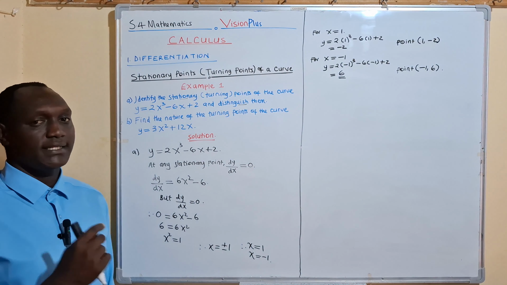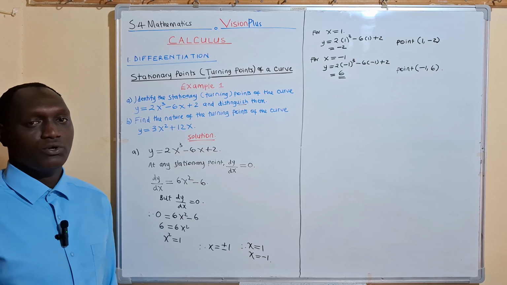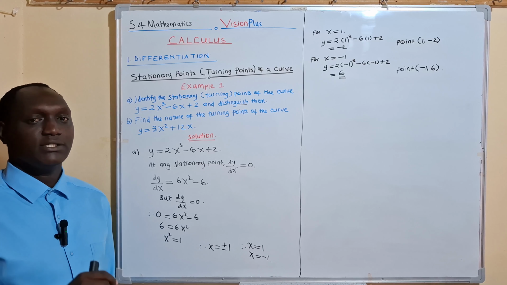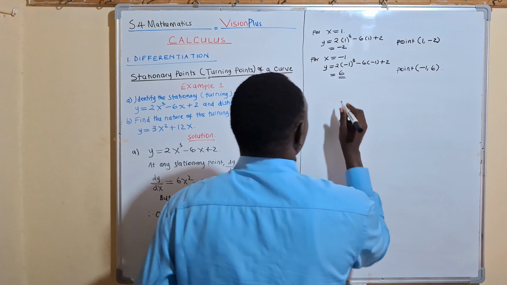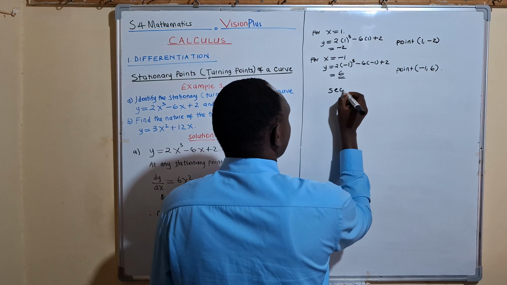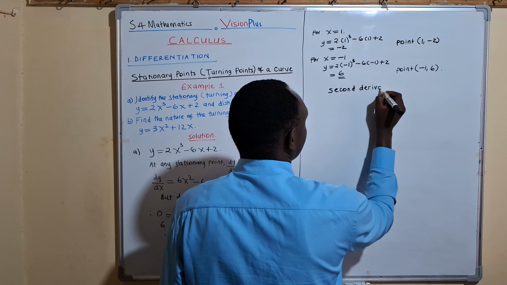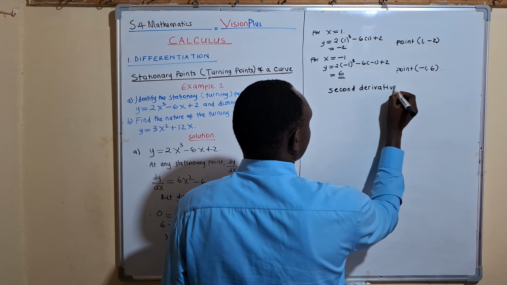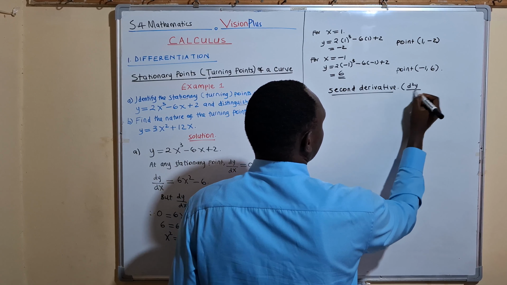One, we can test for the slope before and after a point. Two, we can find the second derivative of the curve. We are using the method of second derivative. I'm not going to do the other method. I will use only the one for second derivative. That is d squared y/dx squared.